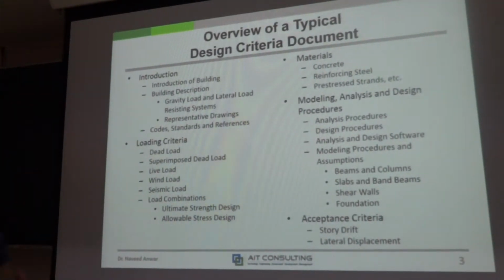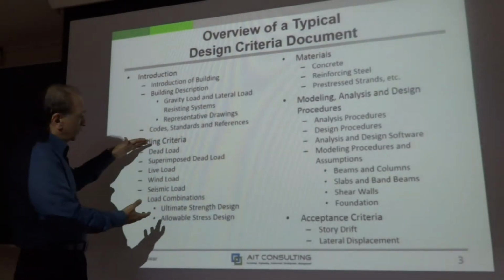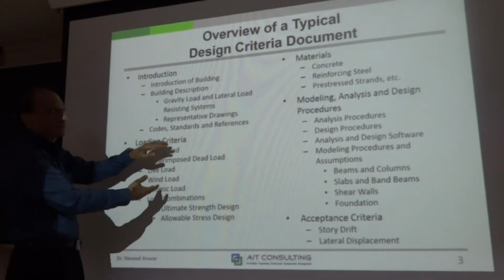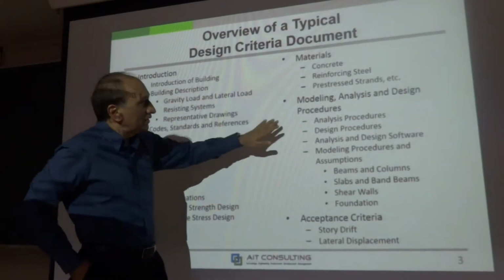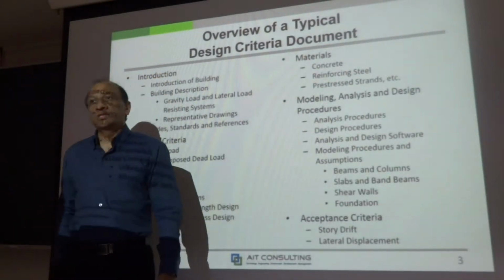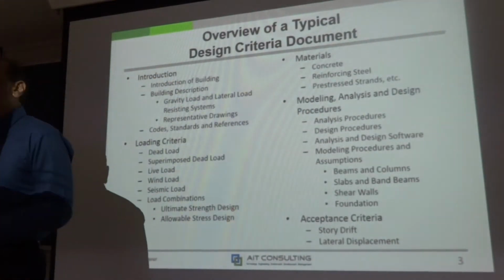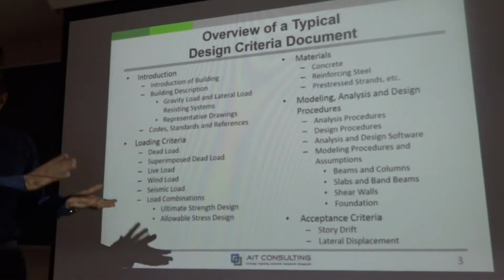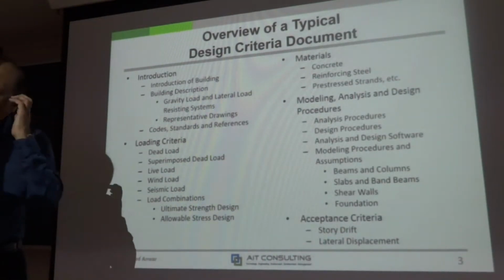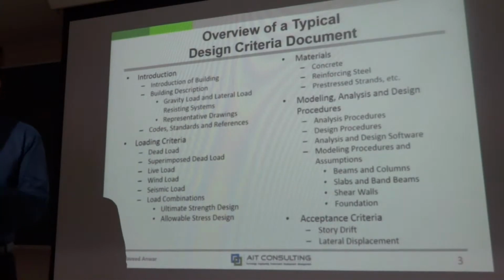These are the areas where people will argue with you: loading, systems, analysis procedures. Normally the arguments must be settled at this level, and once everybody agrees, the calculation is just a follow-up from that, right?